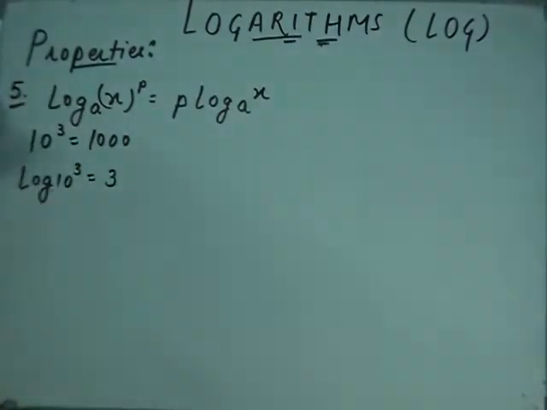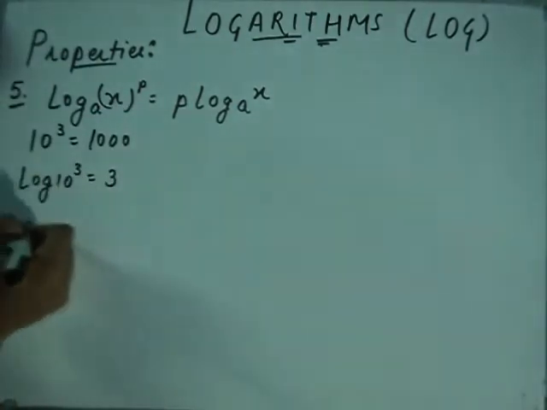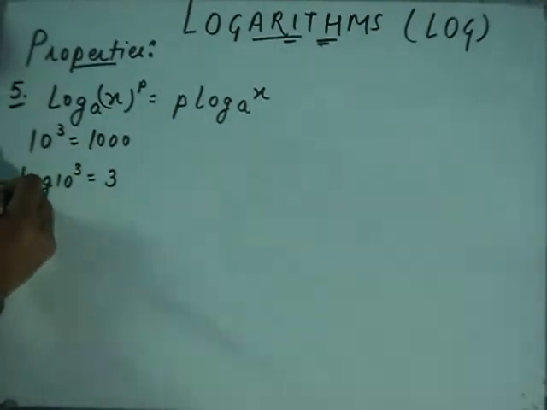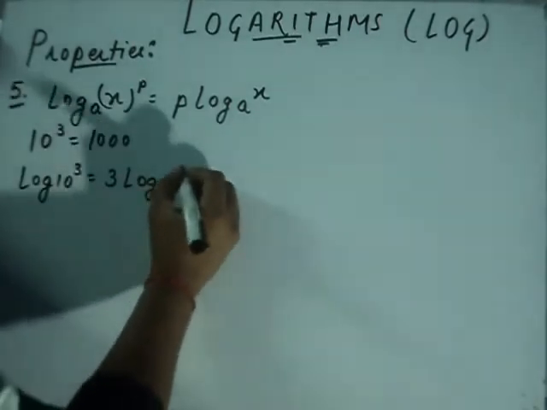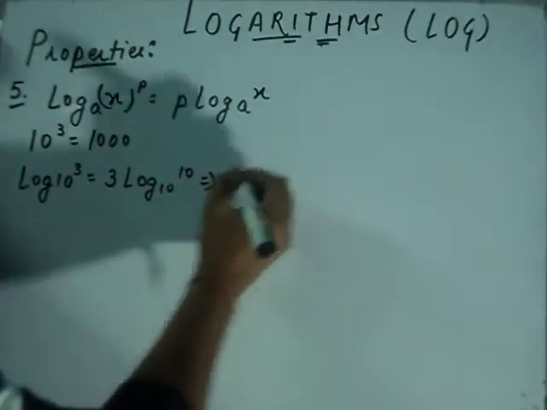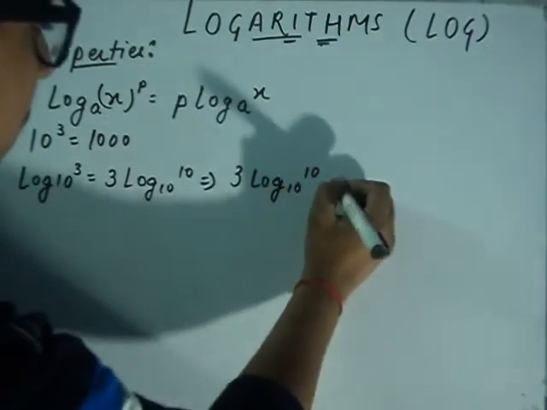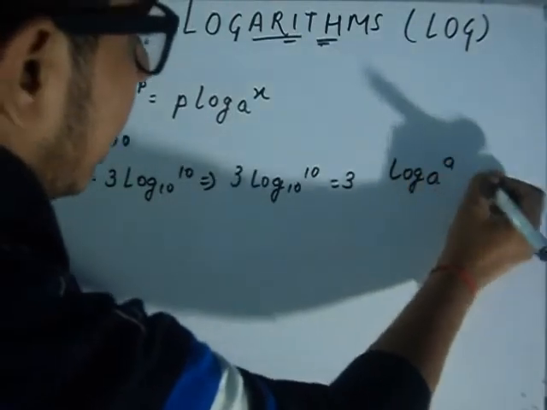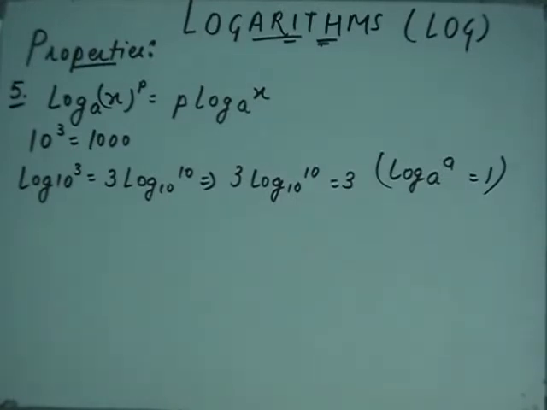Here the base is 10, so when we are having this log form, this 3 will automatically go here, and here the base is 10, so it will become 3 log 10 of 10, which is equals to 3. As we know, log a a is equals to 1. I hope it's pretty clear to you.